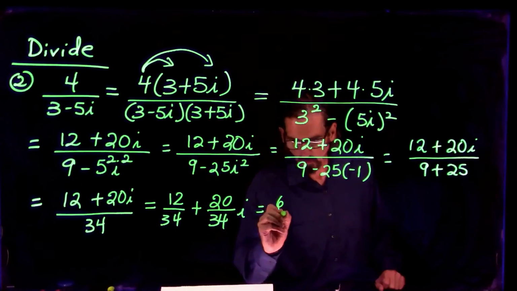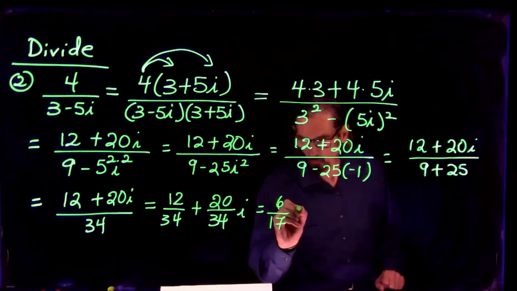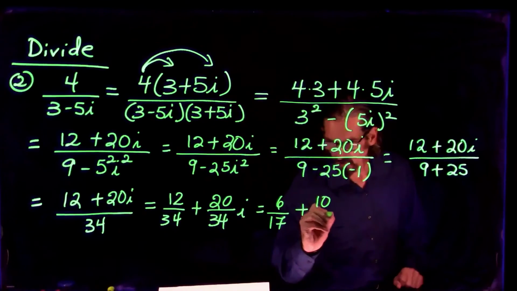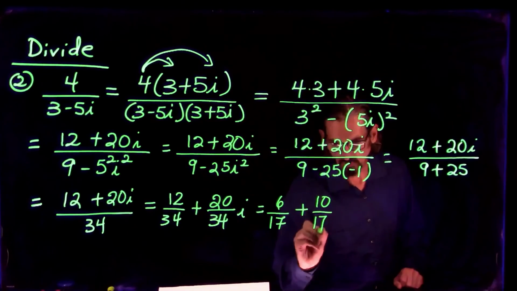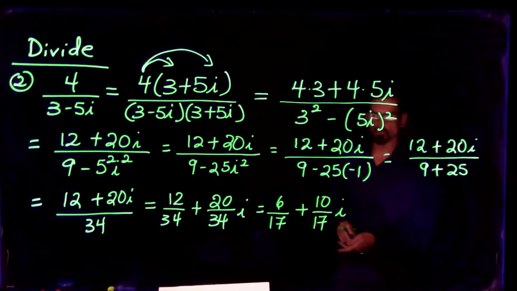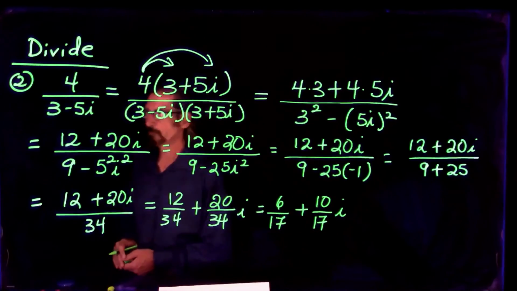Dividing top and bottom by 2, we got 6 over 17 for the first one. That's as far as that will reduce. And similarly, 20 over 34, dividing top and bottom by 2, that will reduce to 10/17. So that's as far as that's going to reduce. 6/17 plus 10/17 times i.